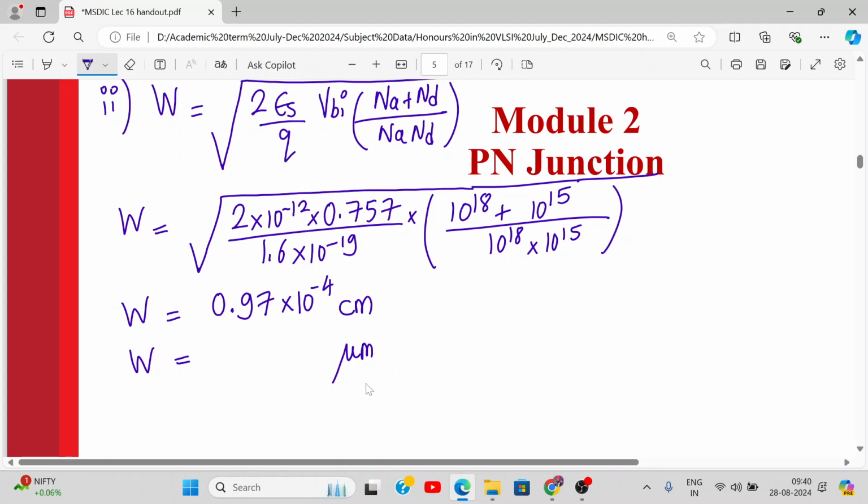Correct? So that will be 0.97 micrometer. If you convert this into meter, it will be 10 raised to minus 6. A human hair strand is around 100 micrometer, so the width of the PN junction is 100 times smaller.